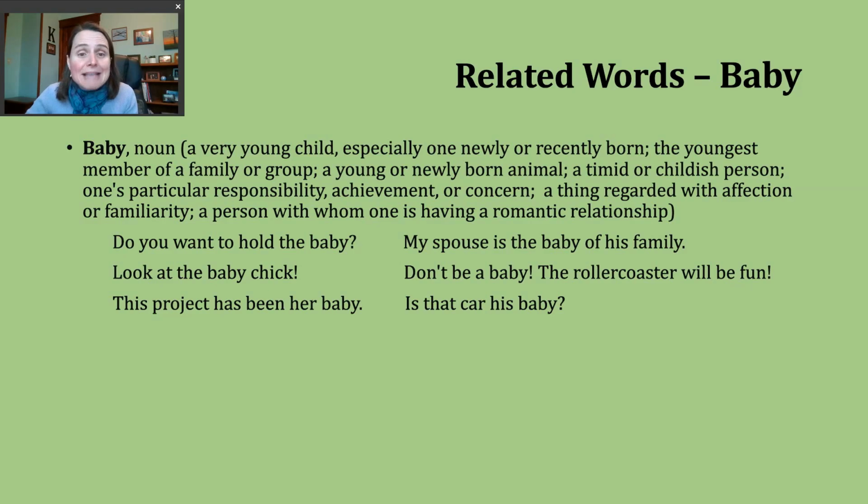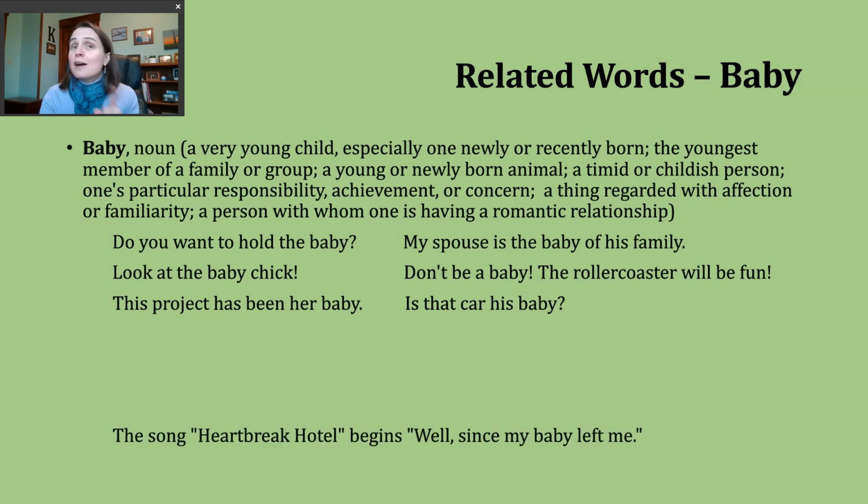Now, a seventh way you might hear baby used as a noun is really a term of endearment. So someone might use that to describe another person with whom they are having some kind of romantic relationship. So maybe you've noticed that in dialogue in TV shows or movies.